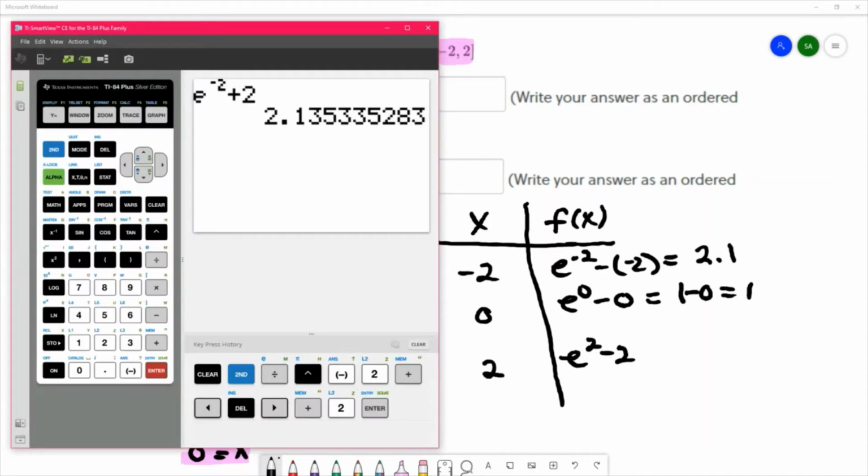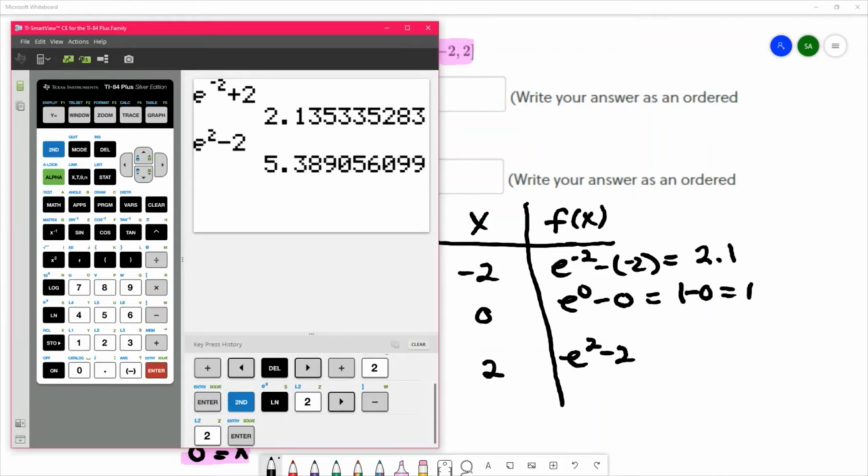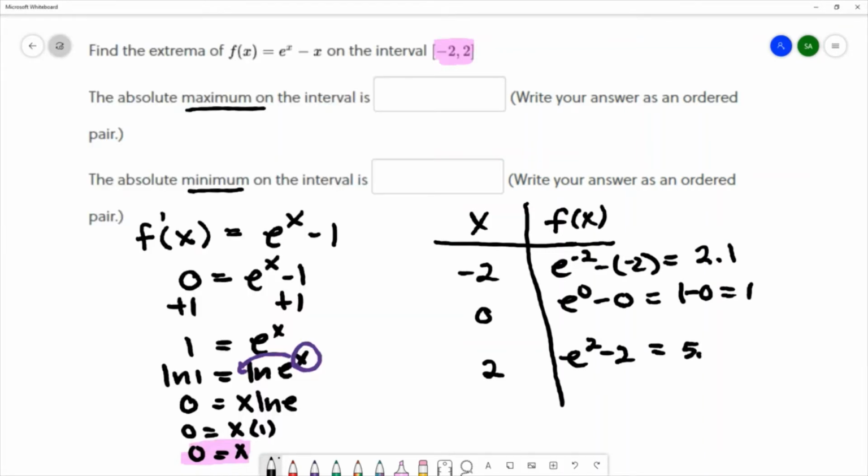And then e squared minus 2 would give me about 5.4.